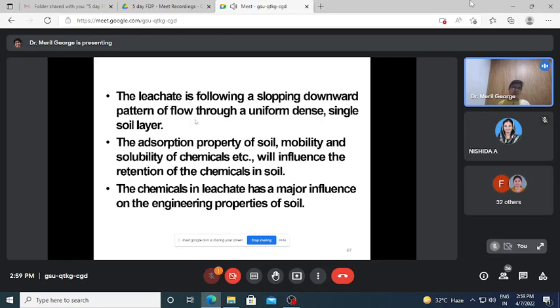The concentration of various chemicals will be different. The adsorption property of soil, mobility and solubility of chemicals, etc. will be different, and they will have a great influence on the retention of chemicals in the soil. So the chemical addition may disintegrate the soil grains, and this may cause a reduction in the specific gravity and changes in the Atterberg limits, as well as flocculation of soil grains.